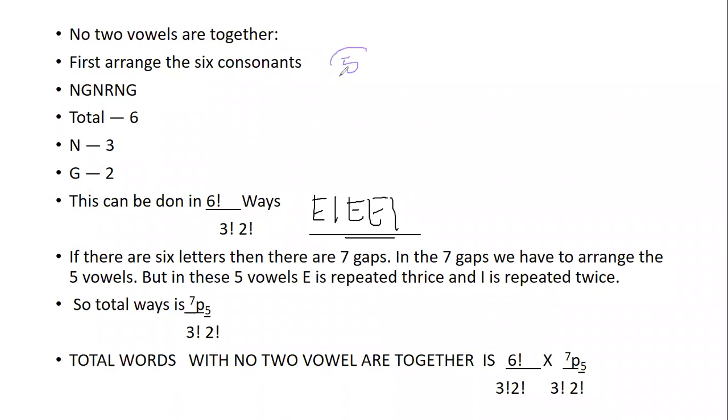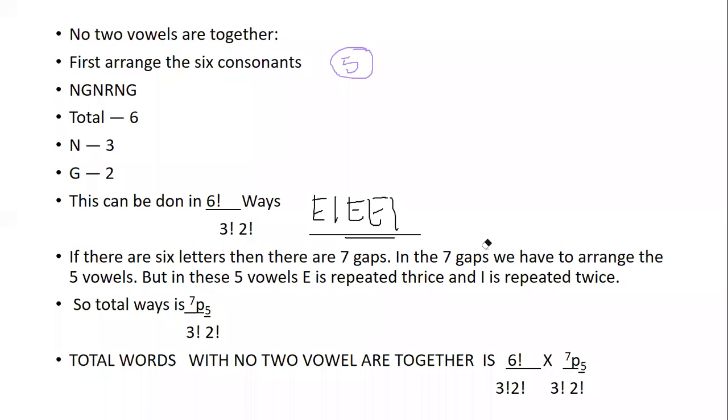But they are saying no two vowels should be together, which means I cannot write E and I together, or I and E together, or I E together. I cannot do this.